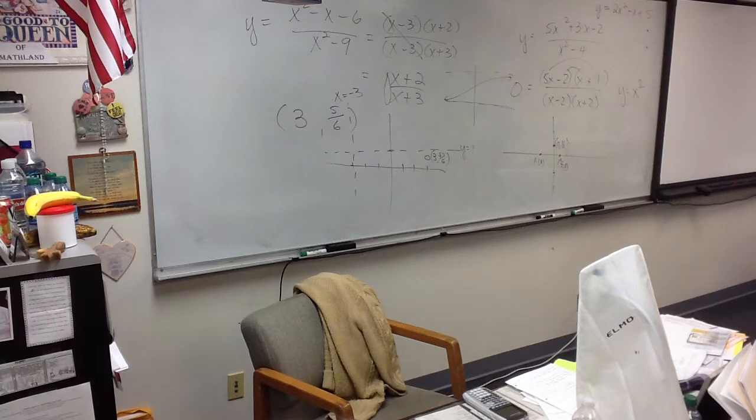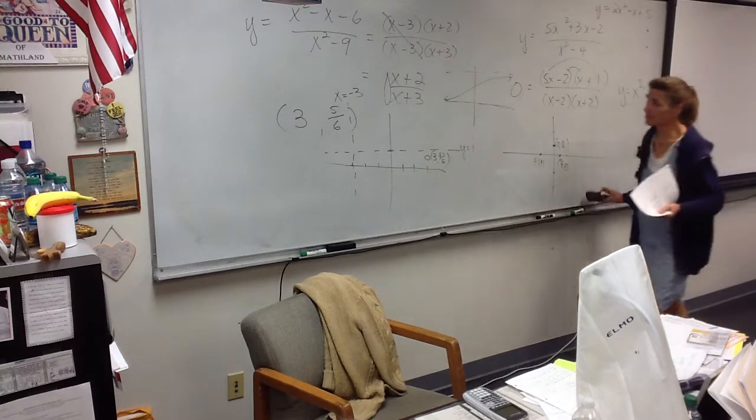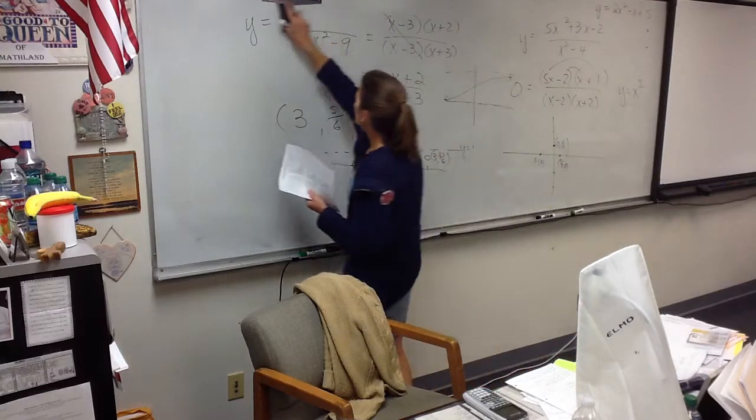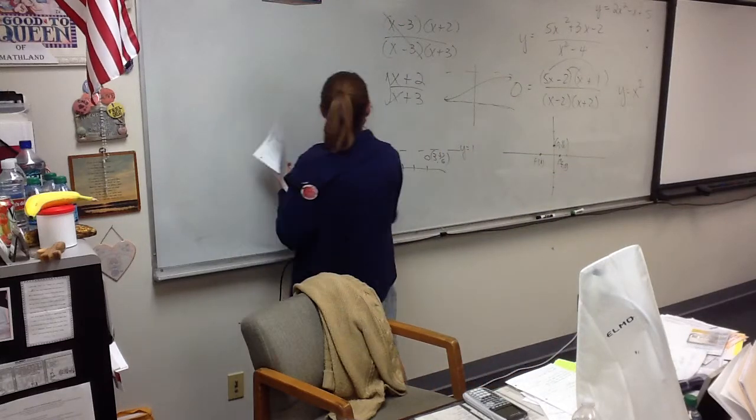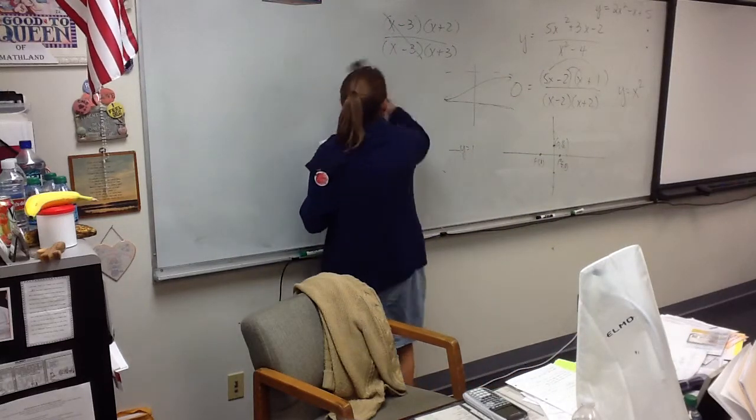Now, first of all, what do I expect you to memorize? I expect you to memorize the name of the function, the shape of the function, and the equation of the function.